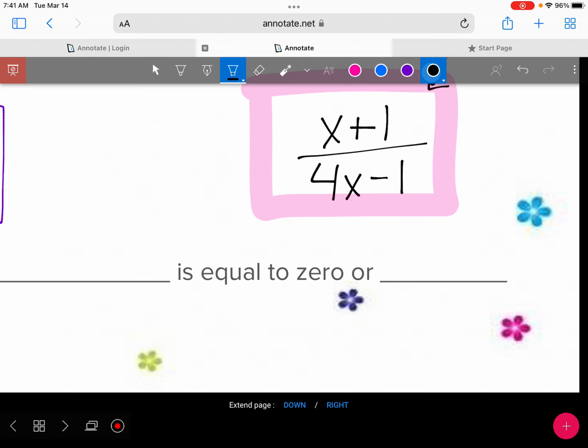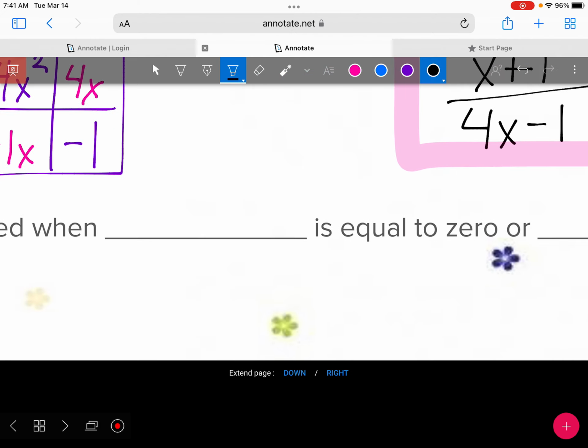We again have to pay attention to when our expression is undefined: when the denominator is equal to 0.